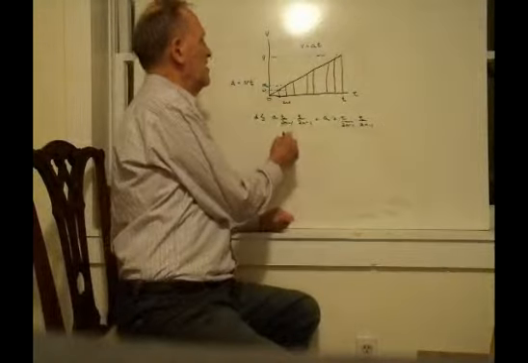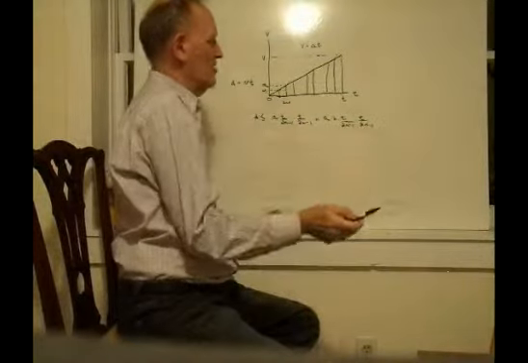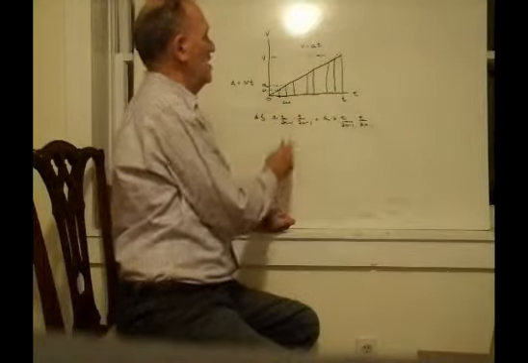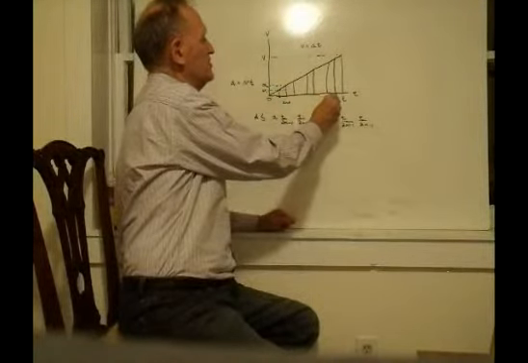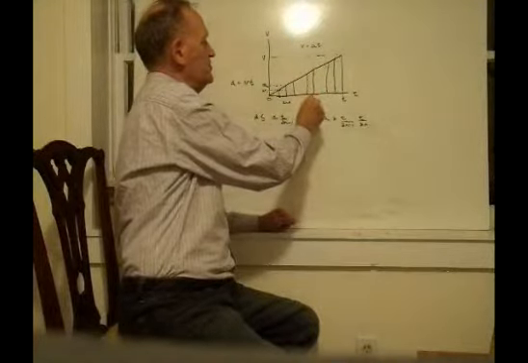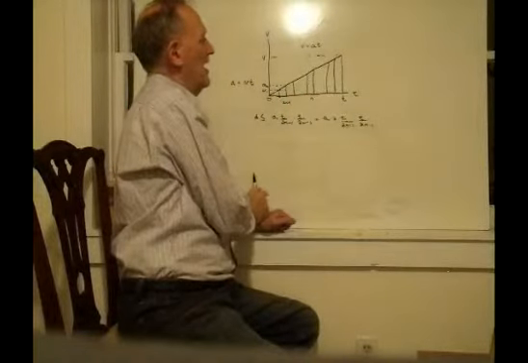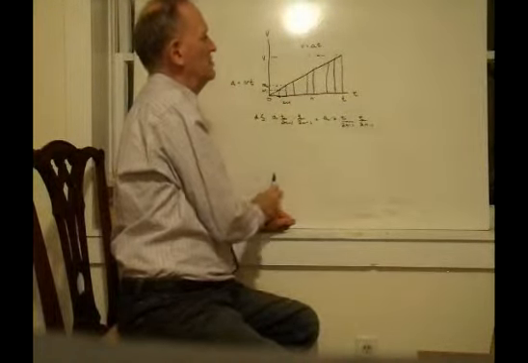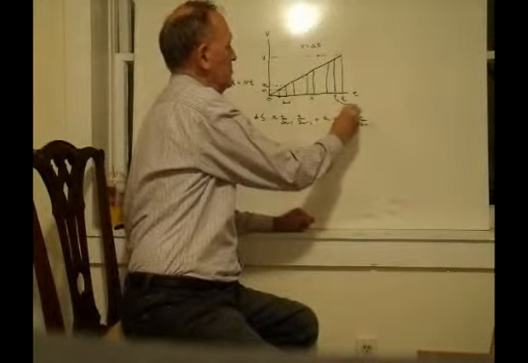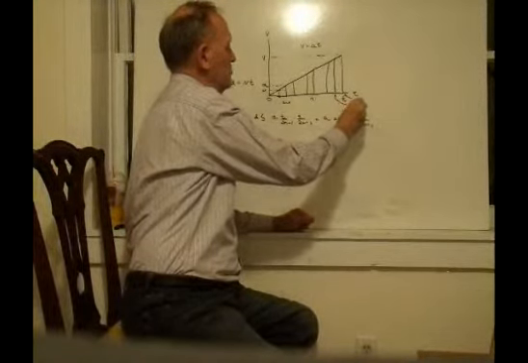I could go on. The next one is going to be 3, so I could go on. I'm not going to do the third. I'm going to try and cut the time down a little bit. I'm going to go all the way to the last two now. This is going to represent the nth interval, by the way. I'm going to go to the last two, and this is going to be n minus 2, and this is going to be n minus 1.